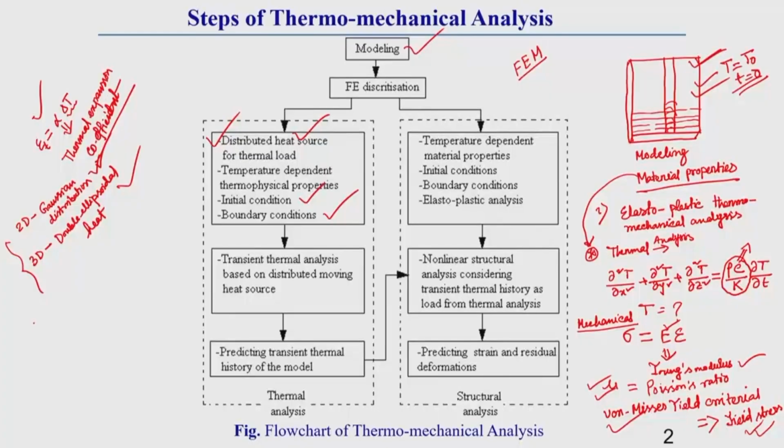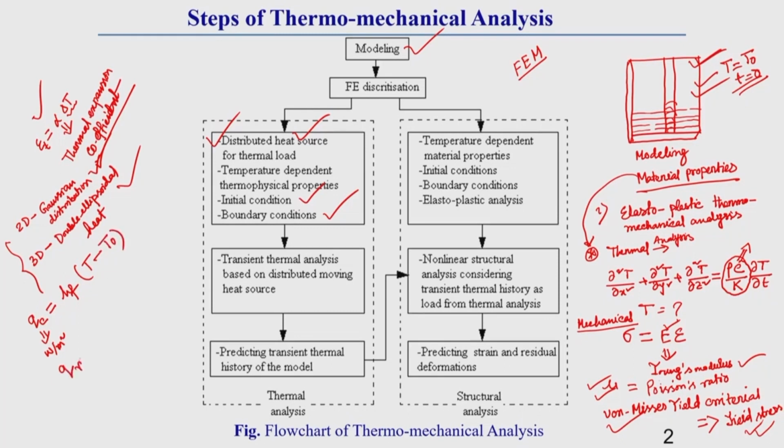So, what is the Newtonian convection cooling boundary condition? Heat loss due to convection, the unit is generally watt per meter square, per unit area. This we can write as heat transfer coefficient into (T minus T0).